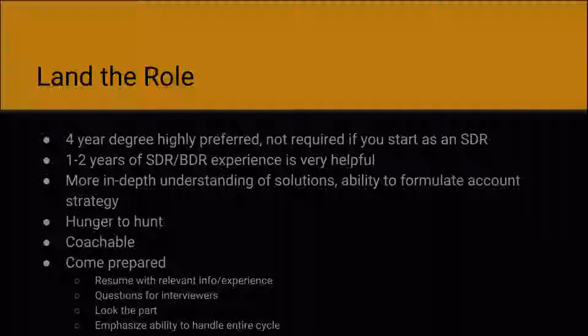There's also the option of how many years of experience that you might have being taken into consideration, but a 4-year degree might be very helpful for you to at least land an interview.